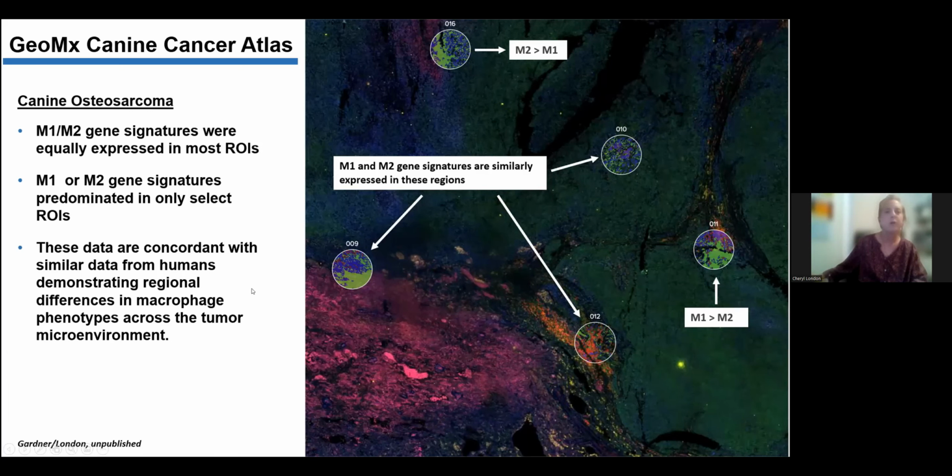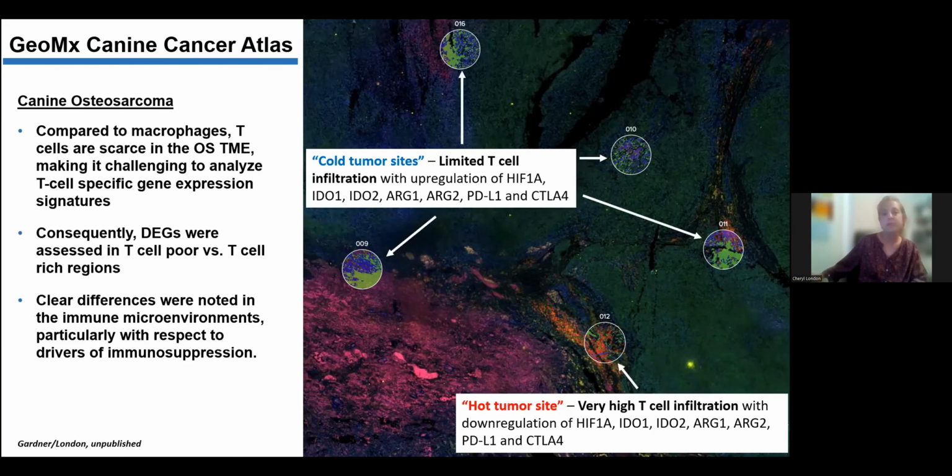And this is really concordant with similar data from humans demonstrating these sort of regional differences in macrophage phenotypes across the microenvironment. And then we were able to look at T cell rich versus T cell poor regions and identify cold tumor sites with limited T cell infiltration and hot tumor sites with very high T cell infiltration.